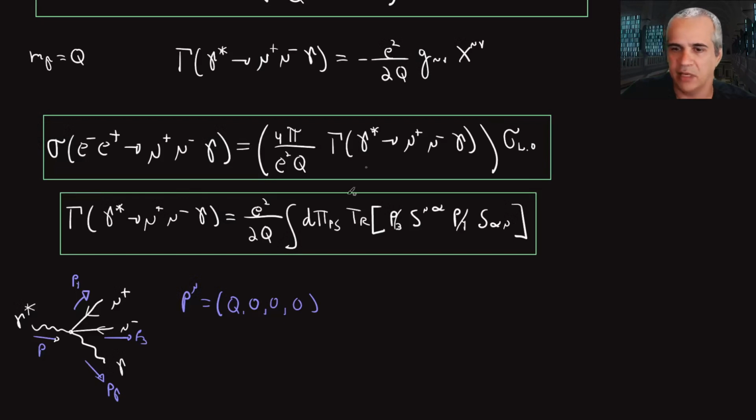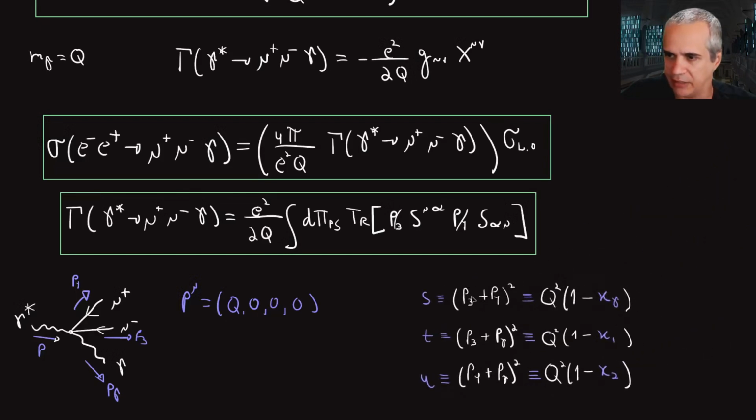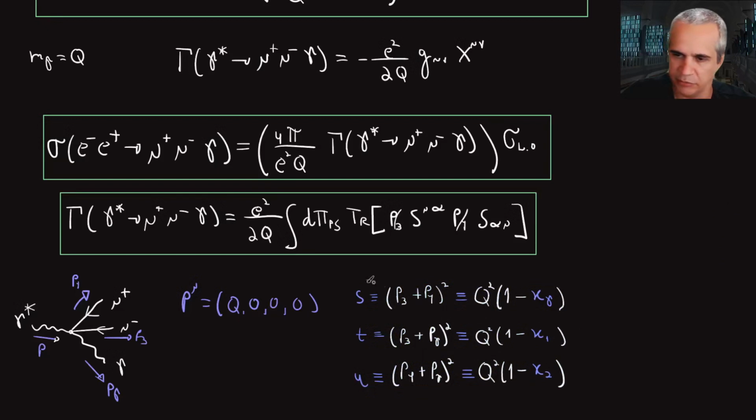Also, it's very useful, and you can find it everywhere people are dealing with three-body decays, to define these variables. On the left, you have some version of the usual Mandelstam variable, so the S is the usual thing. The other two are a little bit strange because instead of having 2 to 2 body, you have 1 to 3, but that's the usual definition.